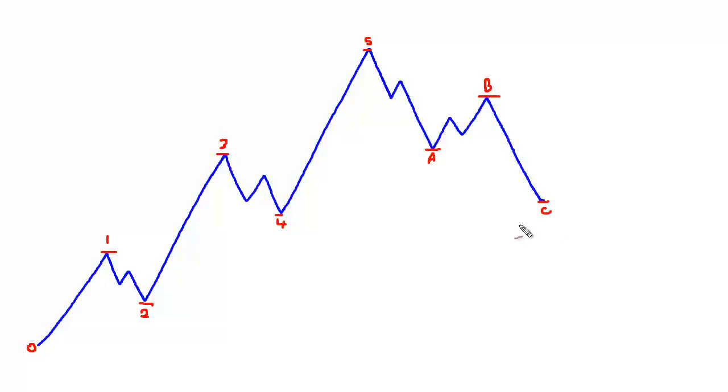Now there are some basic rules that you need to follow. Wave 3 is equal to 1.618 times wave 1. What that's basically saying is that the length from here to there is 1.618 times the length from here to there.